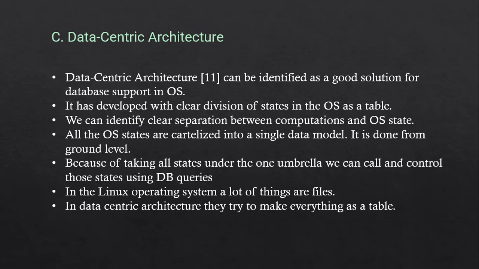In this architecture, we put all the processes and all the statuses under one umbrella, in a table-like architecture. For example, in the Linux operating system, a lot of things are files. In the data-centric architecture, they are trying to make everything a table.